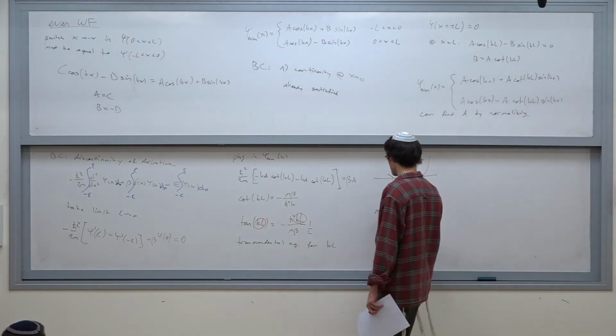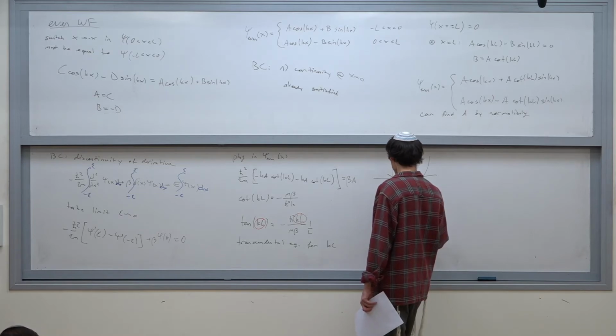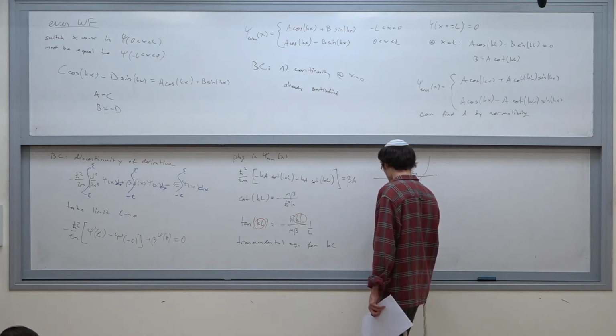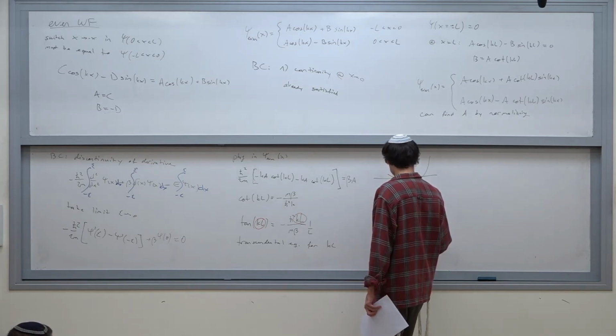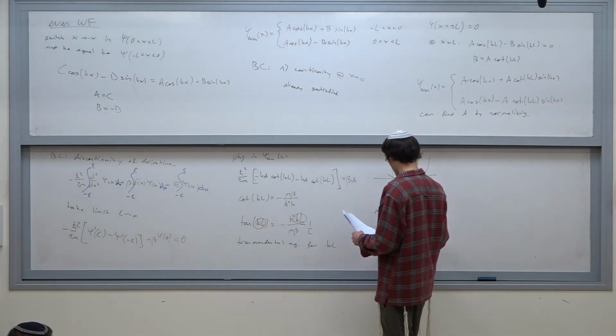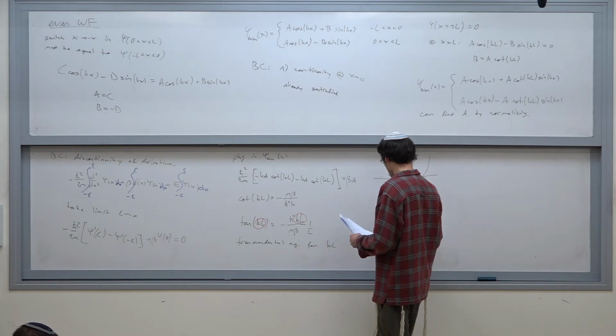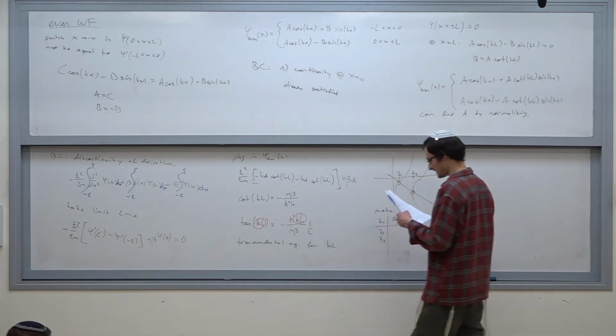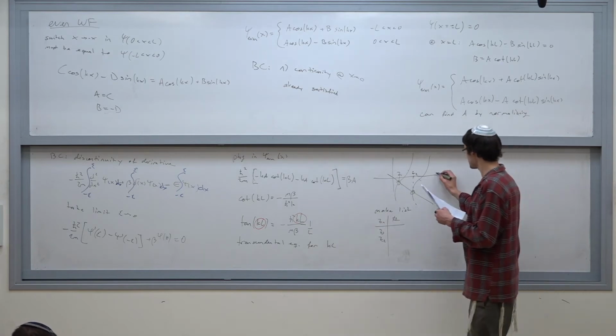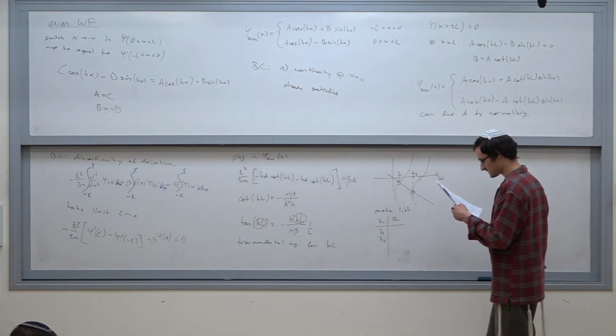So we can make a list of all Zn's. So we can say Z1 equals whatever, Z2 equals whatever. That is the kl axis.